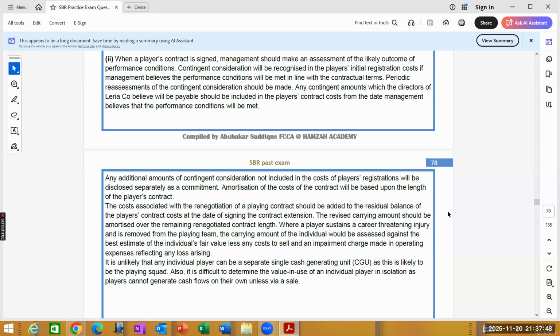But it is unlikely that an individual player can be a separate single cash generating unit, as this is likely to be the playing squad. Also, it is difficult to determine the value in use of the individual player in isolation, as players cannot generate cash flow on their own unless via sale. Okay, so that was the application of IAS 38 on the player contract cost.